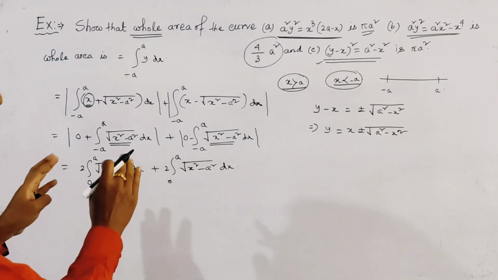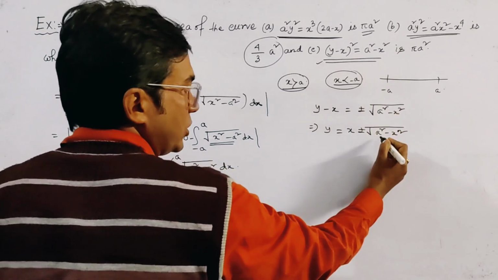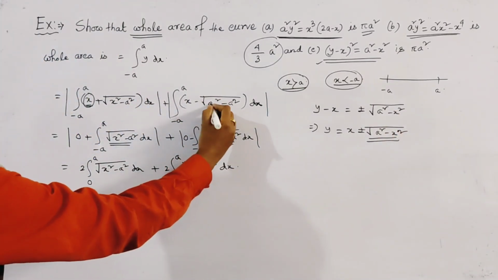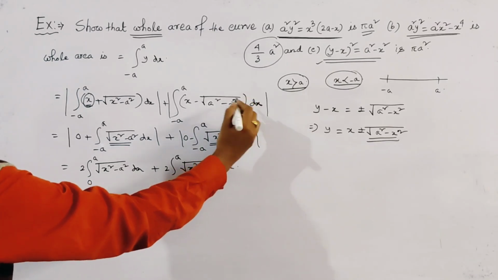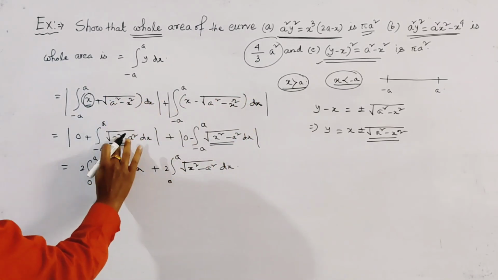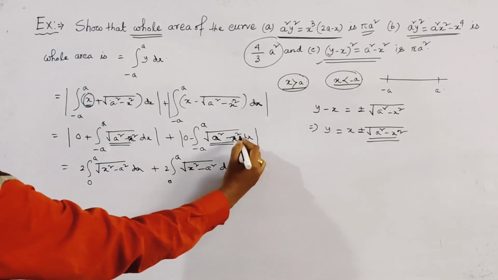But I made a small mistake here. This is a square minus x square. So all the terms are a square minus x square. Very sorry, this is a square minus x square, the same here, and this is also a square minus x square.